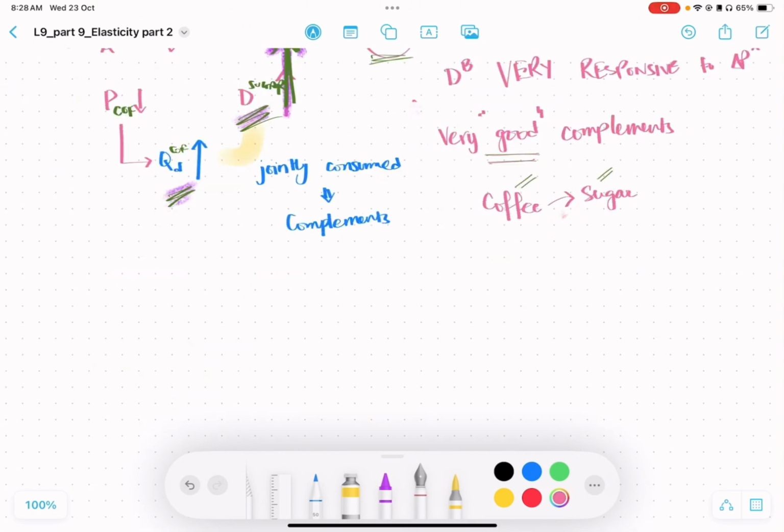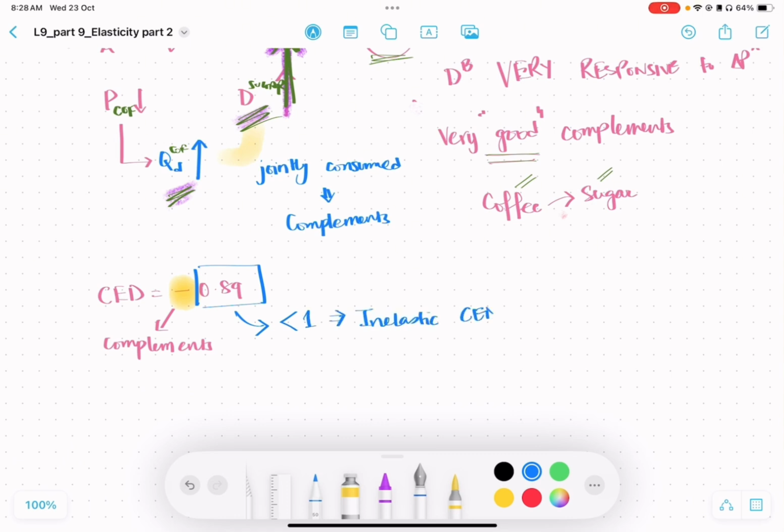On the other hand, let's take a cross elasticity of demand which is something like minus 0.89. This minus sign tells us that we're dealing with complements, whereas this number itself tells us, well, you know what, it is less than 1, so we're dealing with inelastic CED.